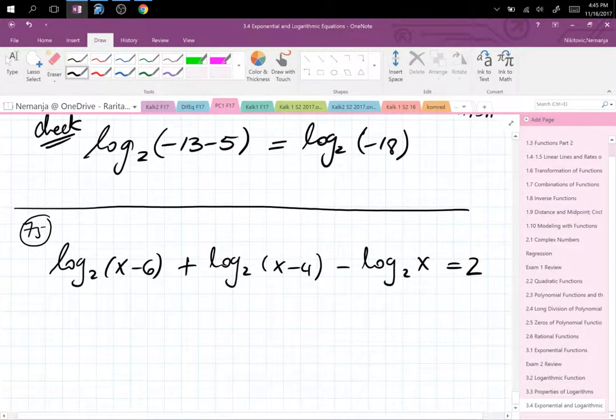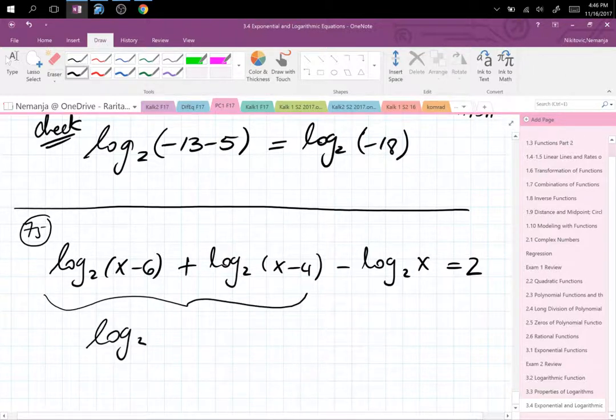Now, I'm going to compress this into a single log. So these two will be log base 2 of x minus 6 times x minus 4. We still have minus log base 2 of x equals 2.